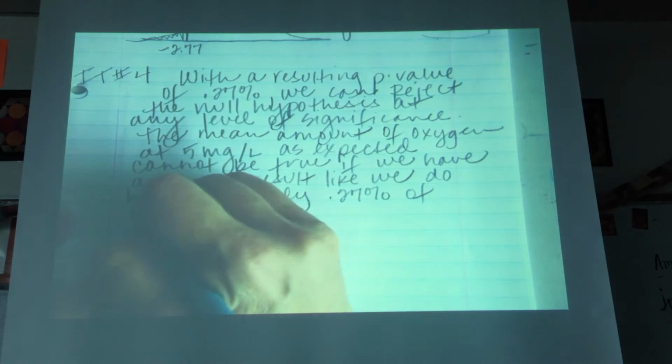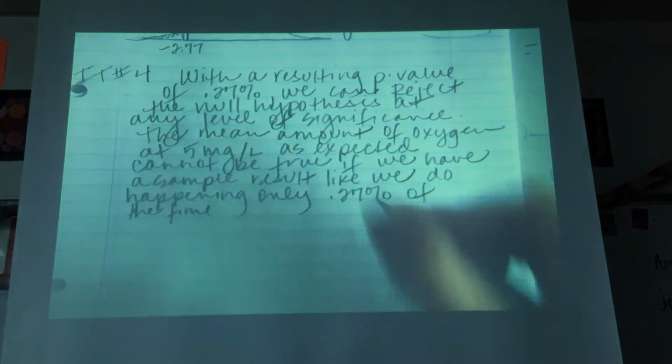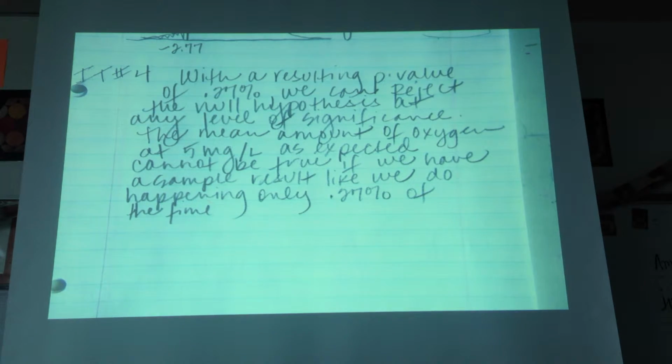If they said it was true, we should have samples that would happen way more frequently than less than 1%. So the inference toolbox, that was the important thing there, is going through that entire process.